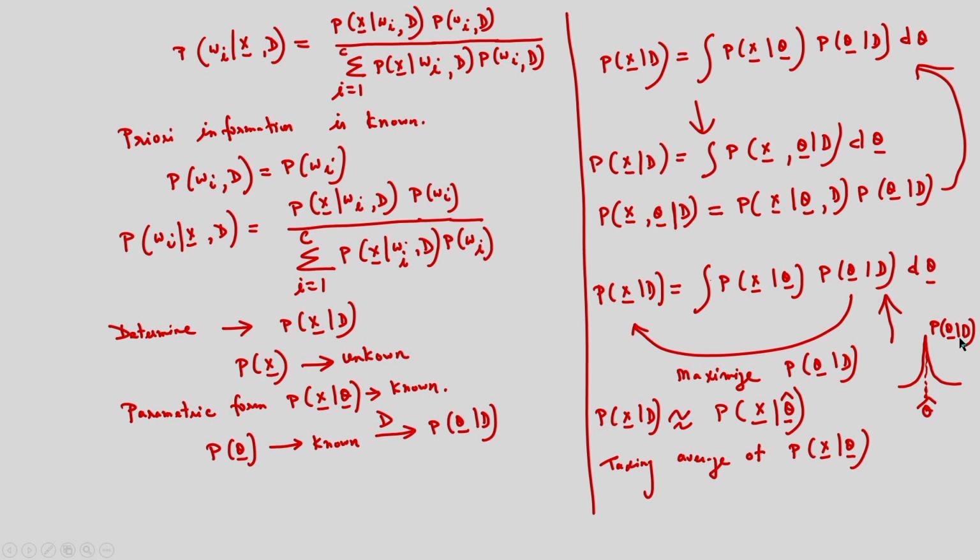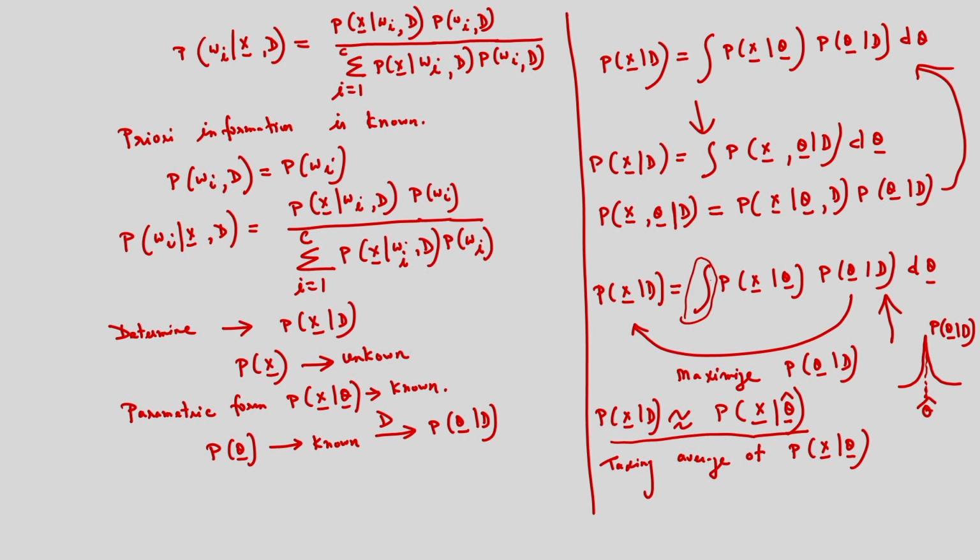So the probability of x given D is nothing but the probability of x given theta averaged. If you see this integration, I am taking the average, and this is a multi-dimensional integration. It is very difficult to determine because it is computationally complex.